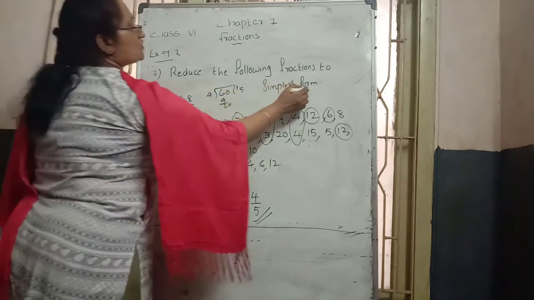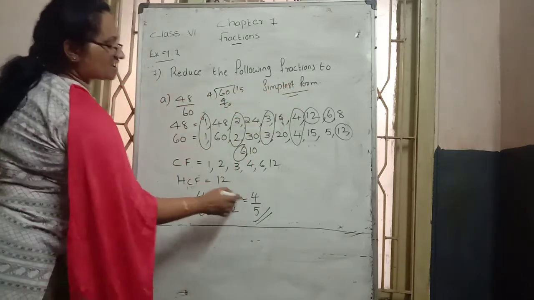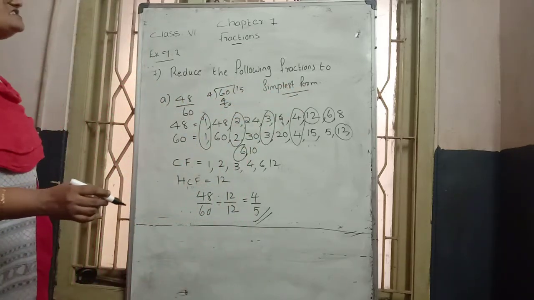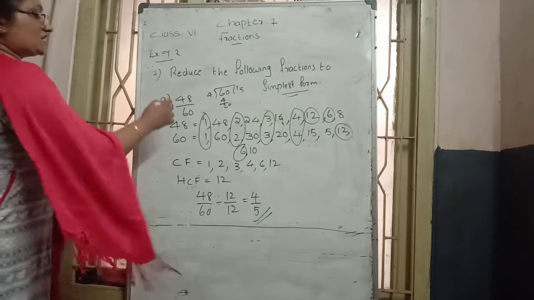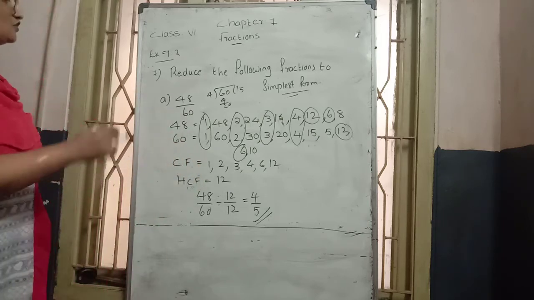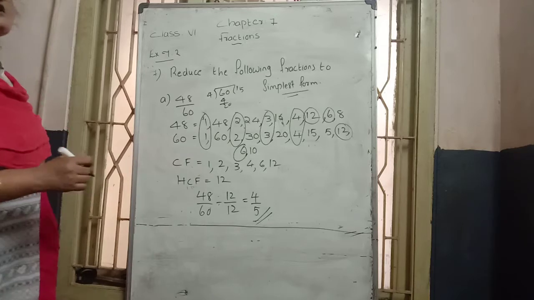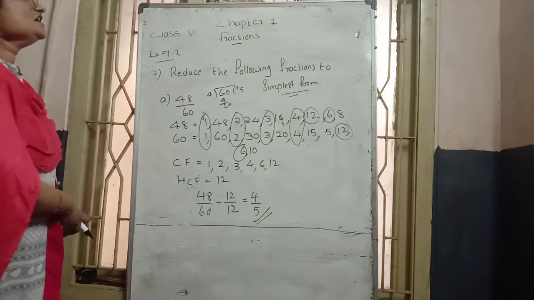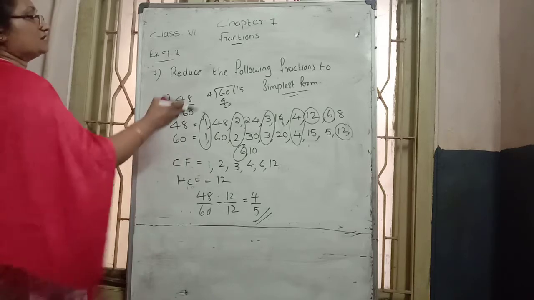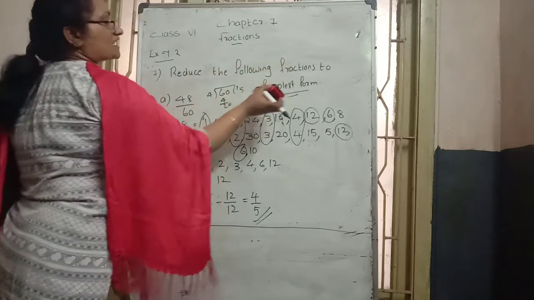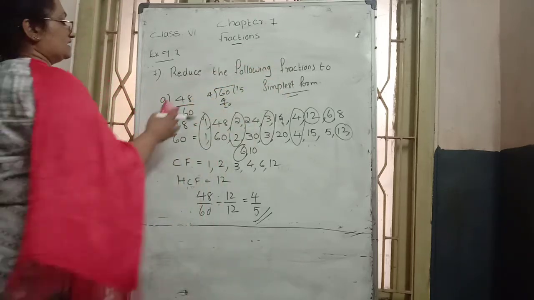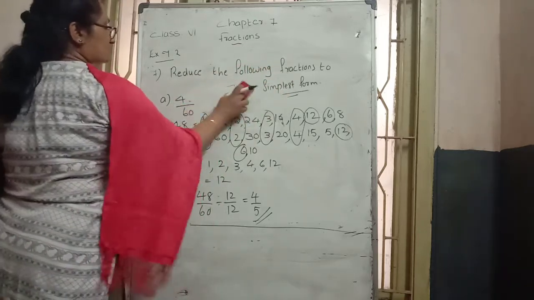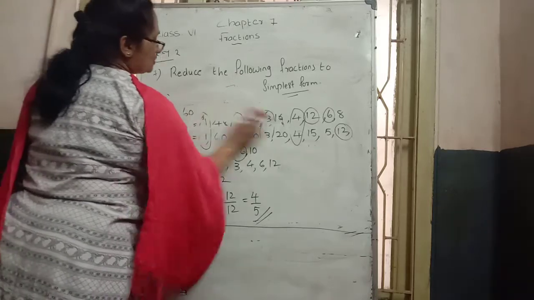So the simplest form of 48 by 60 becomes 4 by 5. In this way, we reduce a fraction to its simplest form. I hope you can understand. One more question, then it is easier to understand.